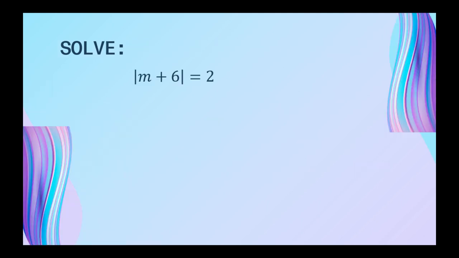Let's try another one. We're going to set up two equations here. We're going to say that m plus 6 is equal to 2. And we're going to say that m plus 6 is equal to -2. So I'm just taking what's inside the absolute value and I'm setting it equal to both positive and negative of the other side. That was not grammatically correct, but I hope you understand what I mean by that.